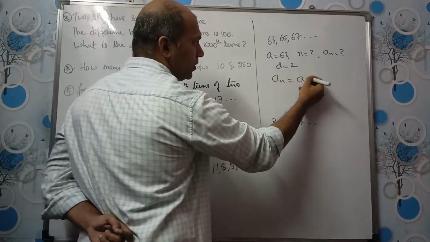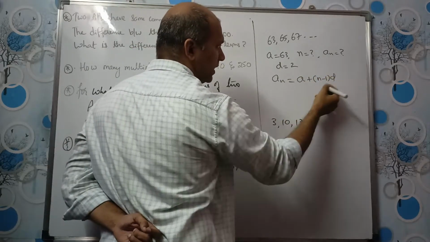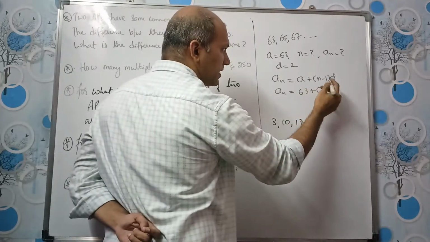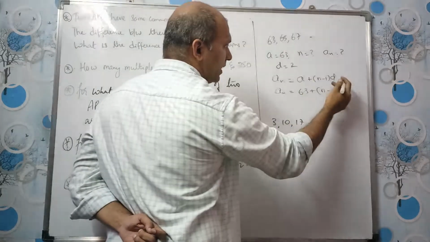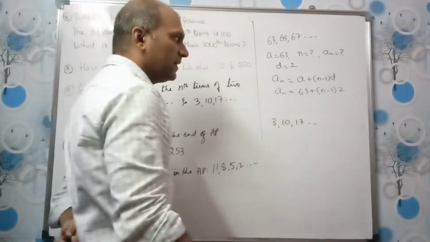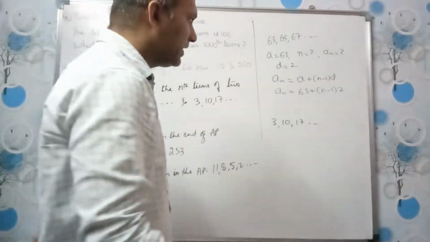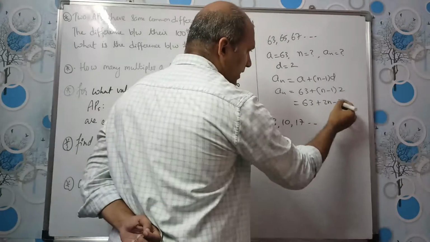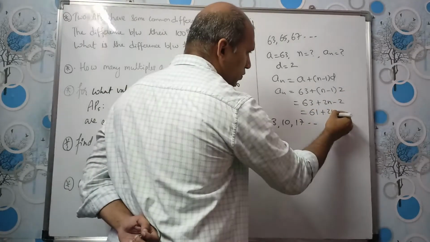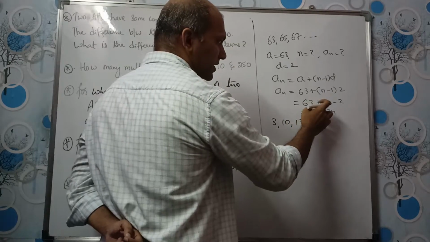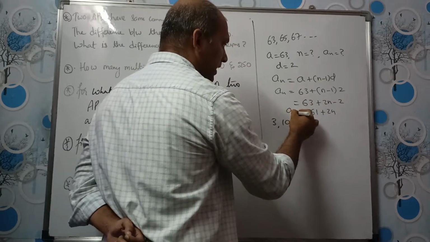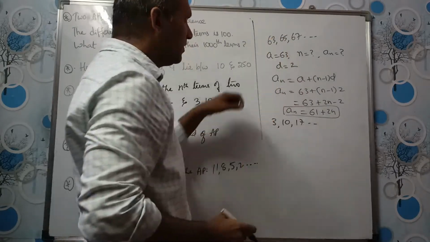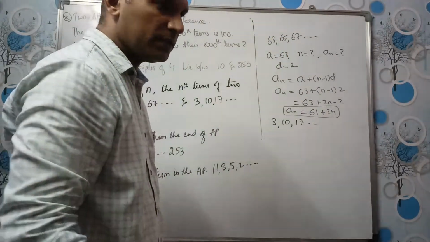So an is equal to a plus (n minus 1) multiplied by d, which is 63 plus (n minus 1) times 2. If you simplify, 63 plus 2n minus 2, so this will be 61 plus 2n. So the nth term of the first series is 61 plus 2n.